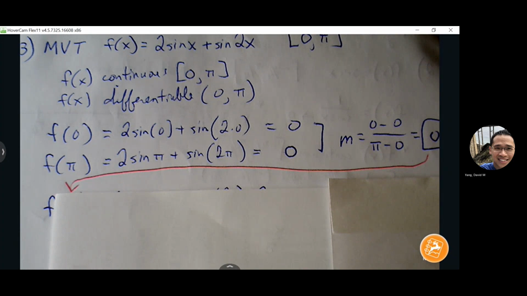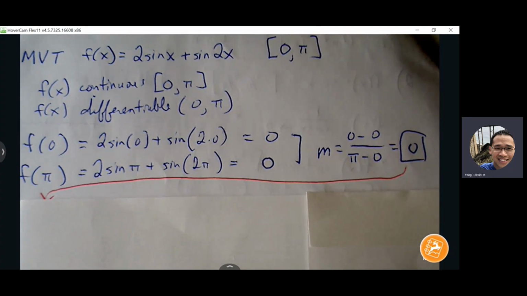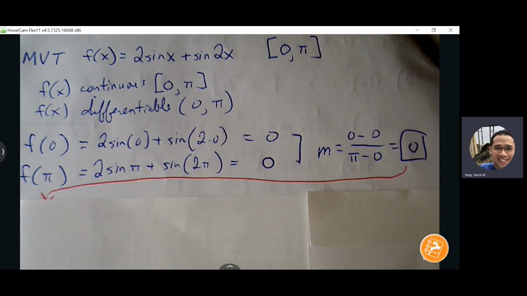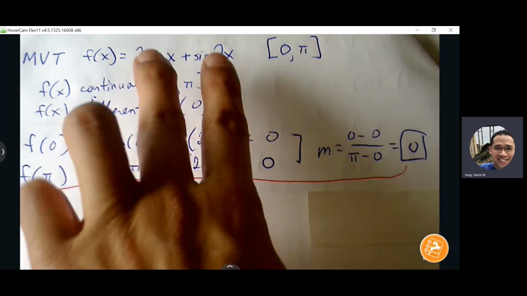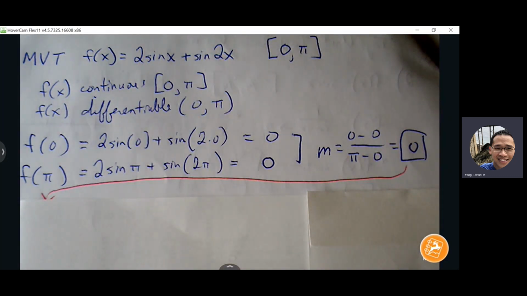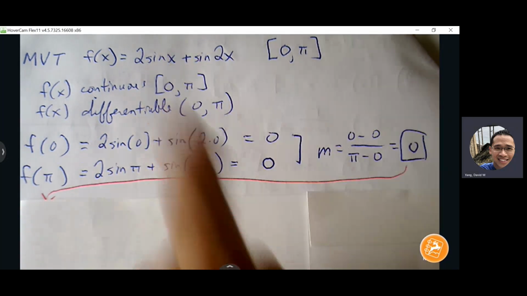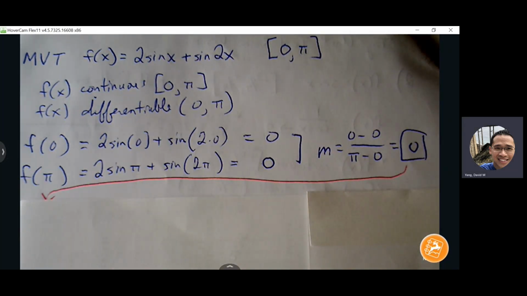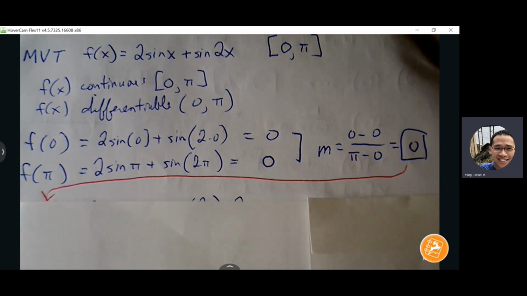Okay. So my slope is 0. Okay, good. That's my target slope. I'm going to be setting my derivative equal to my slope. So let's go ahead and find our derivative. 2 sine x becomes 2 cosine x. And the sine of 2x becomes what? 2x times 2. Yep. Sine of u becomes cosine of u times u prime.